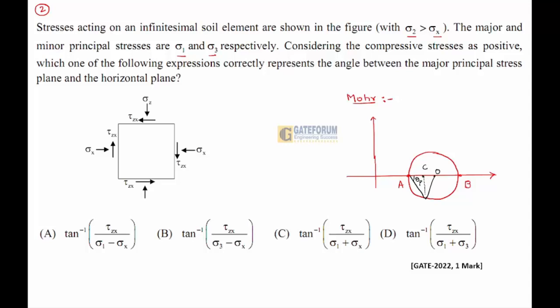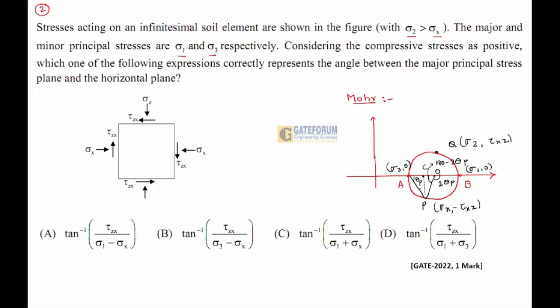Let this be theta P, and the total angle here will be 2 theta P, and the inside angle here will be 180 minus 2 theta P. Somewhere you'll have Q, and this is P, which is sigma x comma tau xz. This is sigma z comma tau xz. This is sigma 3 comma 0, principal stress. This is sigma 1 comma 0, which is B. This is the Mohr circle.